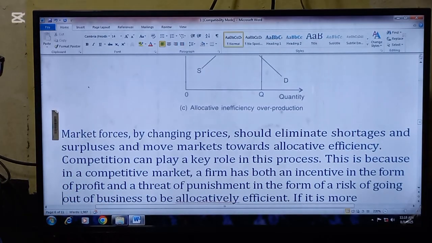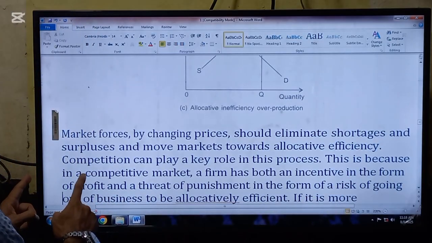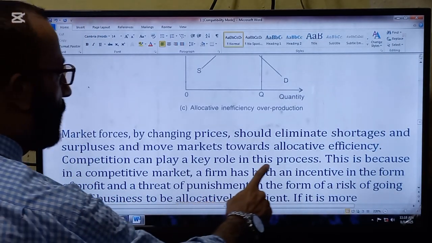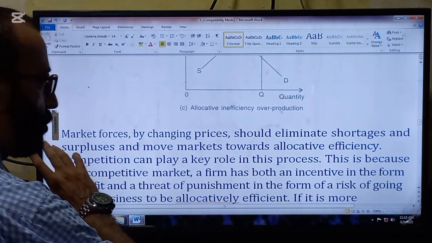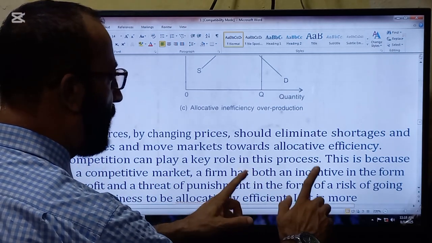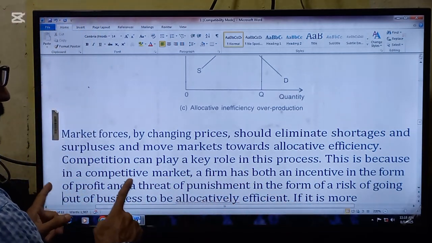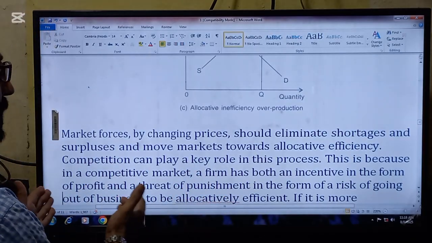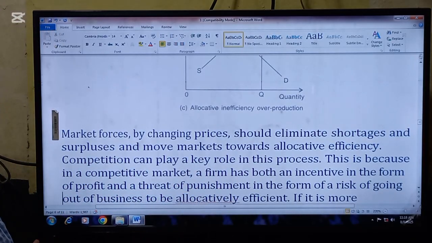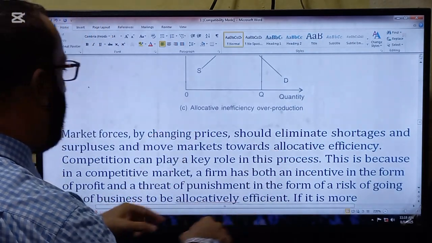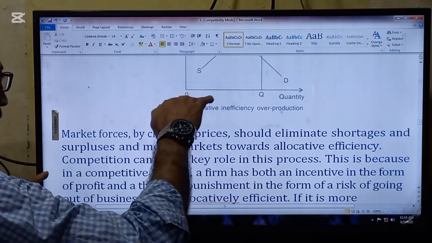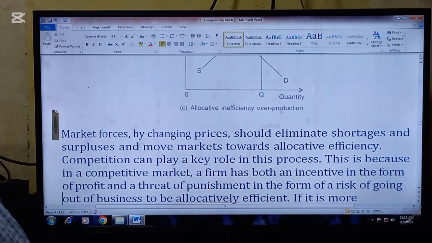Market forces, by changing prices, should eliminate shortages and surpluses and move markets towards allocative efficiency. So this is the way to move towards allocative efficiency if there is a shortage or surplus of the product in the market. In case of a shortage, prices will go up, and in case of a surplus, prices will come down.